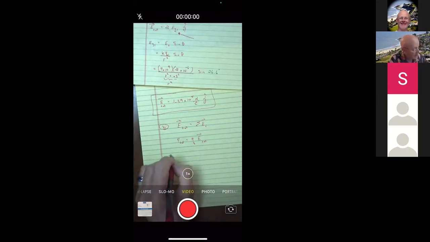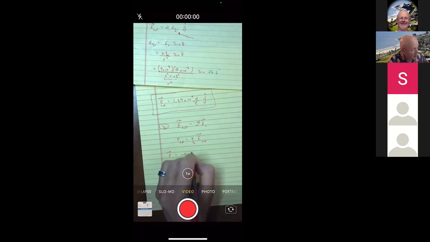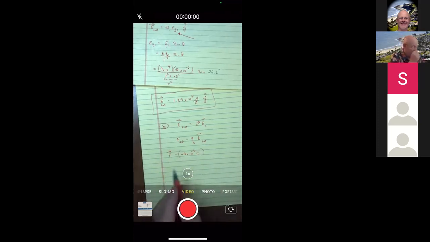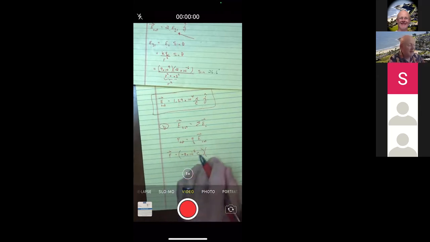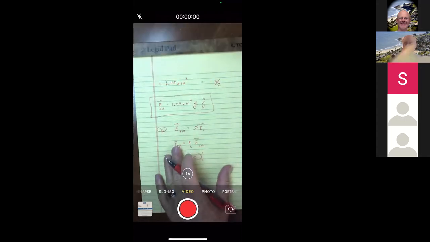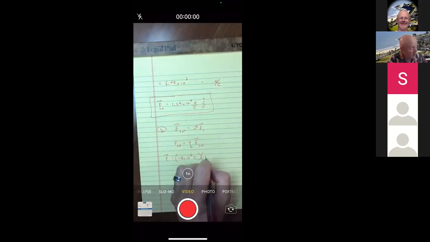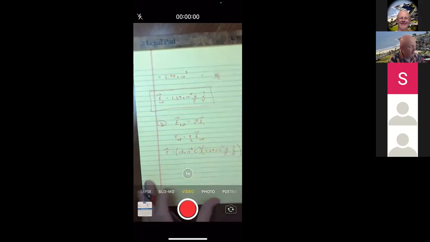So I would say then the force is, and so I'm going to put a -3 microcoulombs, although I'm going to write the micro as a 10 to the -6. So there's the -3 times 10 to the -6 for the charge, times the electric field, which we just said here was 1.29 times 10 to the 4th newtons per coulomb in the vertical direction.